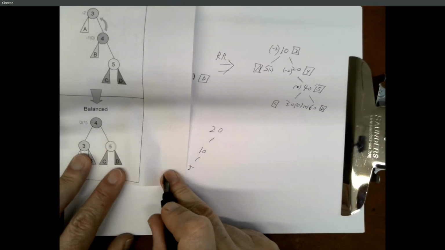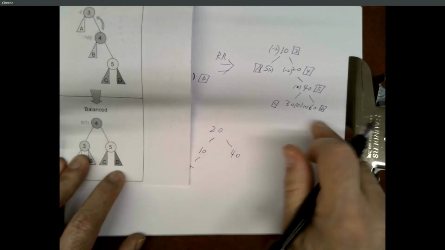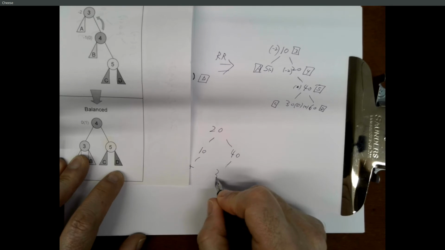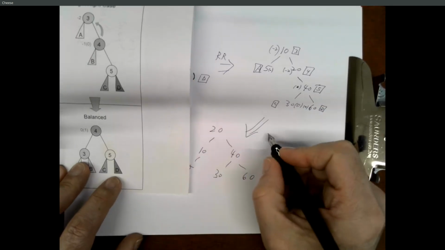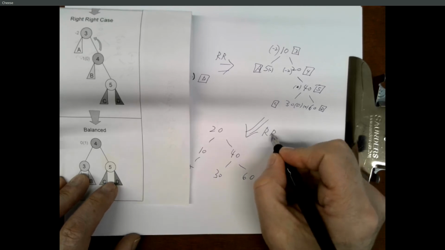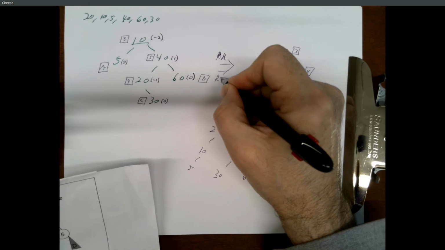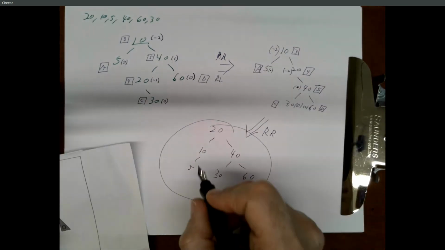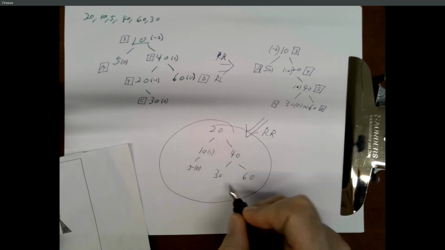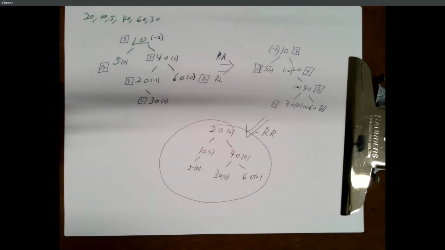B is null. And then the right child of node 4 should be node 5, that's the 40. And it keeps children C and D as the subtrees on the left and the right. So it's 30, 60. This is the result of doing the right. Sorry, this was right-left. So the right leaves you with this tree, which is very nicely balanced. So 0, 1, 0, 0, 0, and 0.